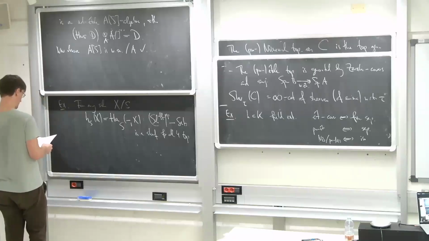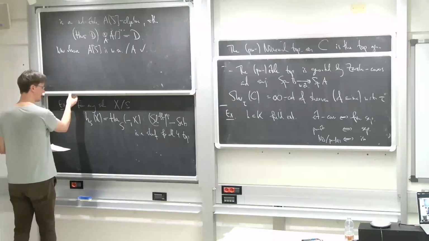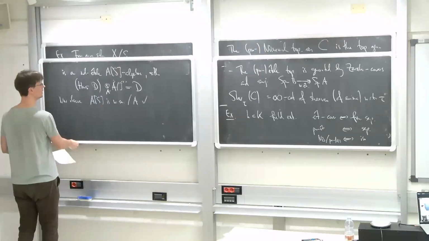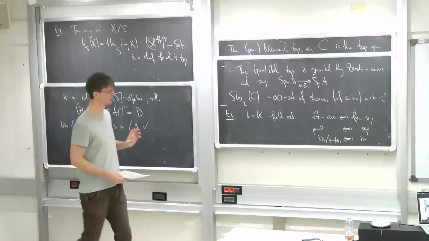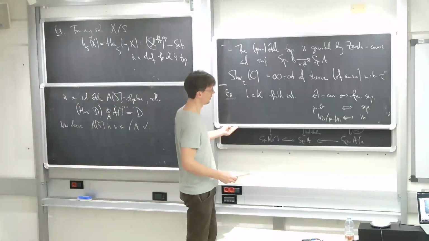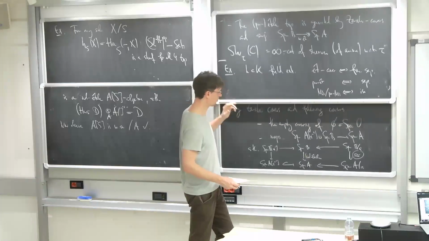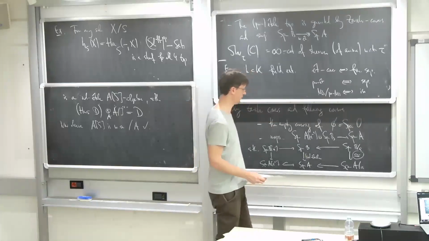Okay, so that's what we will use at some point, that we know how to sheafify these representables. The next topic I want to start looking at now is a handy condition on the property of being misnamed or pro-misnamed.